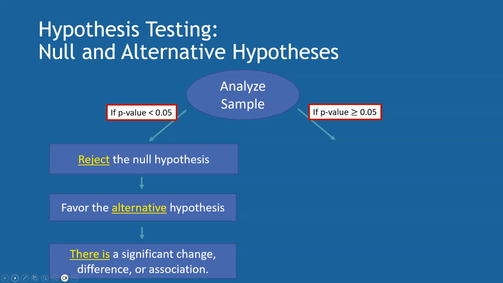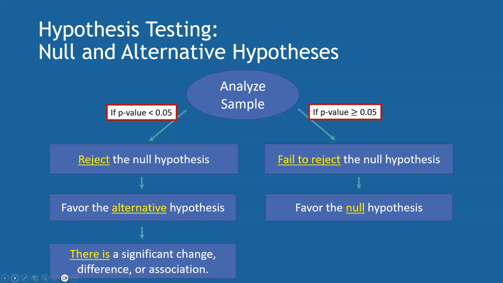Okay, however, what happens if we have a p-value that's greater than or equal to 0.05? Well, then we would say that we fail to reject the null hypothesis. This means that we are favoring our null hypothesis. We never say that we accept the null hypothesis or conclude that the null hypothesis is true. We just say that we favor the null hypothesis because we don't have enough information to reject it.